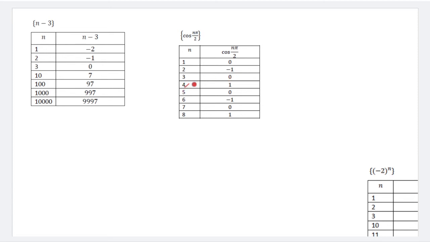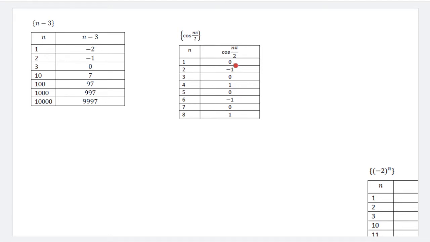If our n is 4, we would have cosine of 2 pi, that's equal to 1. If it's 5, cosine of 5 pi over 2 is 0. If it's 6, then we would have cosine of 3 pi, which is equal to negative 1. If it's 7, cosine of 7 pi over 2 is 0. If it's 8, then cosine of 4 pi is equal to positive 1.